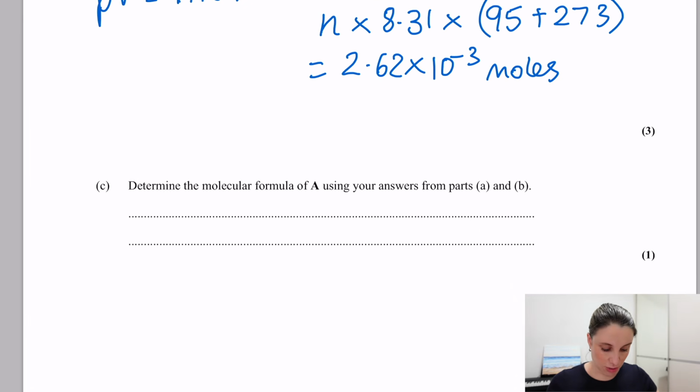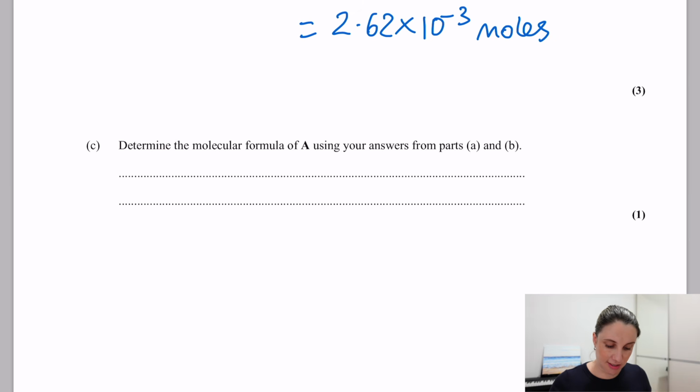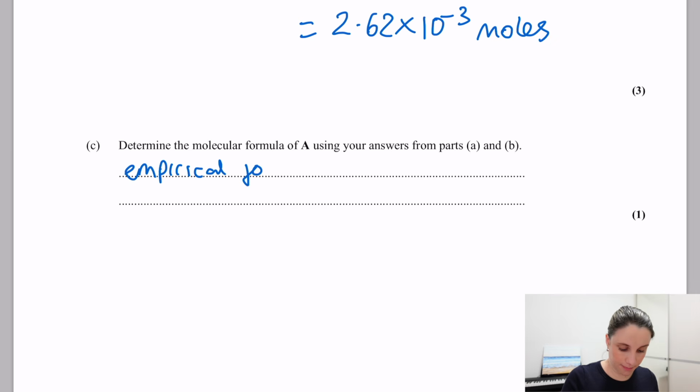Part C to this question says determine the molecular formula of A using your answers from part A and B. So remember, from part A, we deduced that the empirical formula is C2H4O.